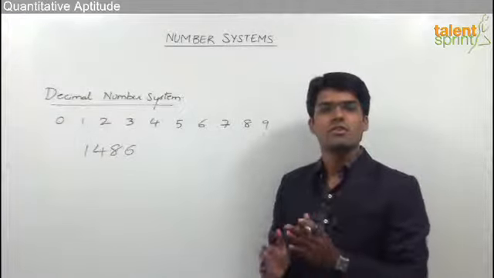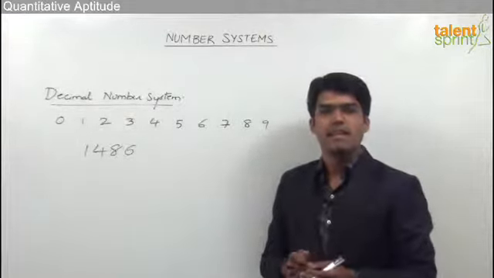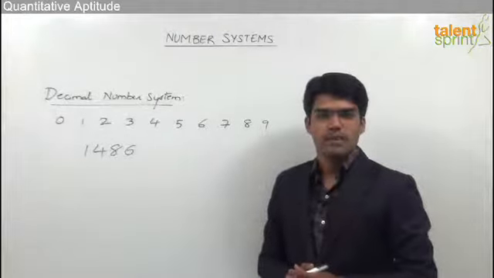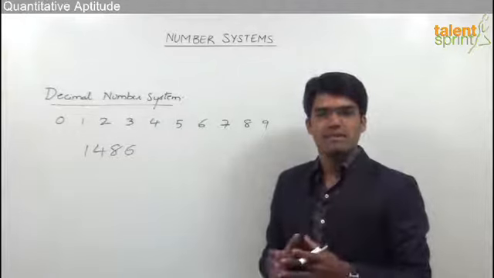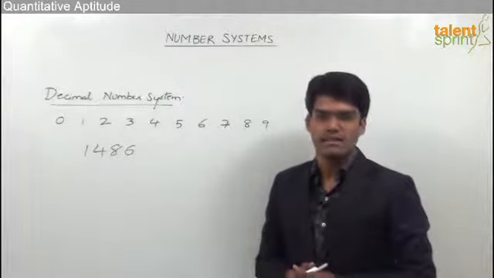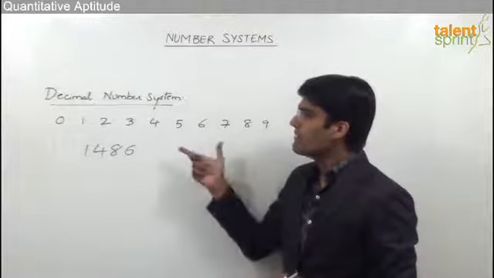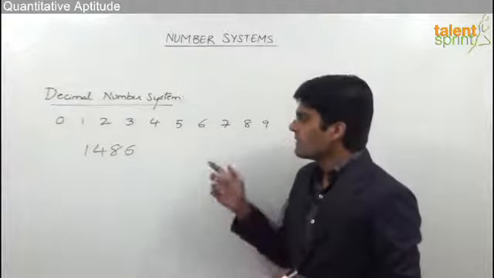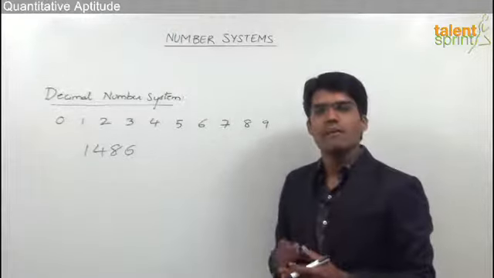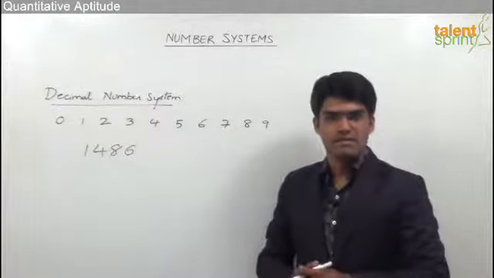Of these, 0 to 9 are the first 10 digits, and then A, B, C, D, E, F are the remaining 6 symbols. Now in all these number systems, the numbers that are made are only a combination of the digits present in that system. So whatever numbers we make in the decimal number system should always be a combination of these 10 digits. We cannot have anything other than these 10 digits.